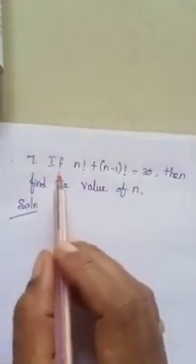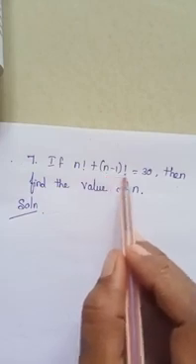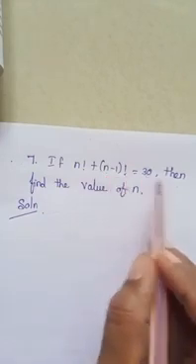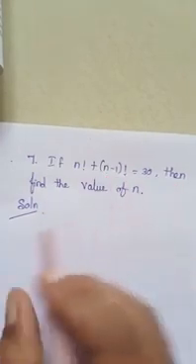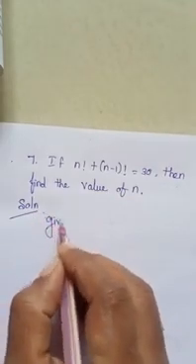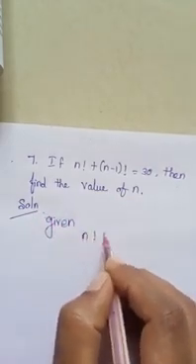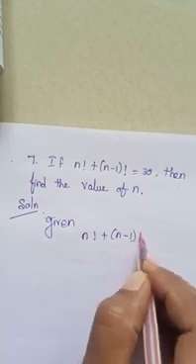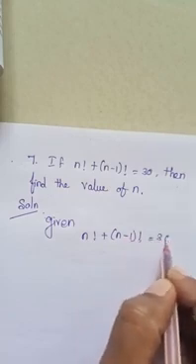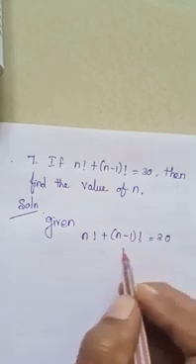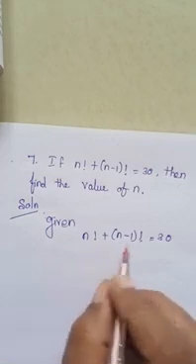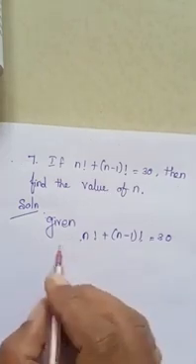Next problem. If n factorial plus n minus 1 factorial equal to 30, then find the value of n. See, given n factorial plus n minus 1 factorial is equal to 30. First I am going to simplify this, n, because among this n is the greatest one, isn't it?